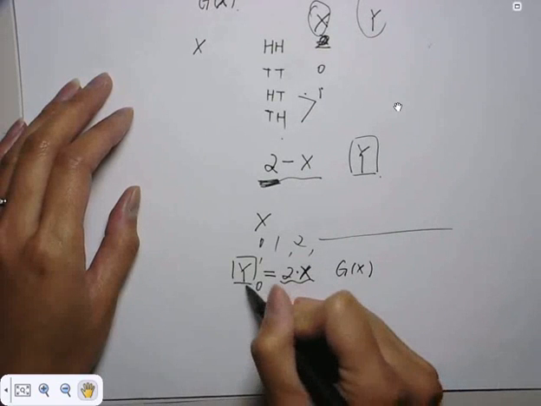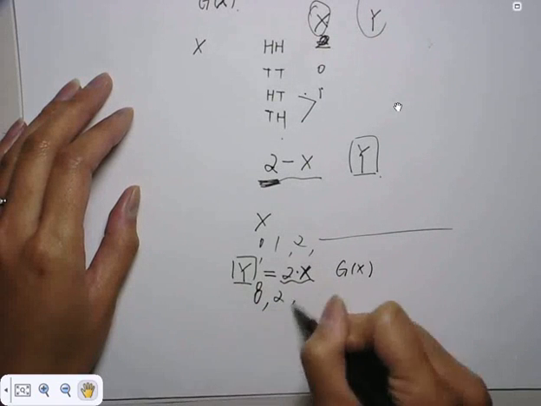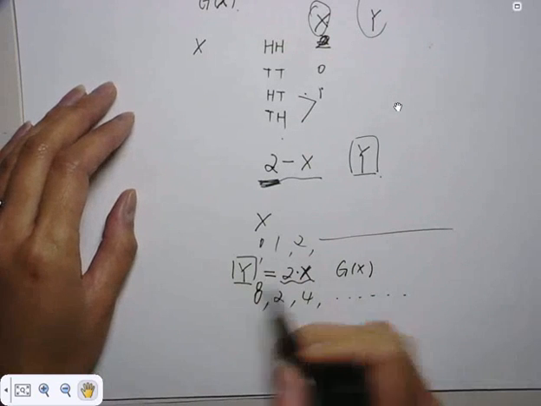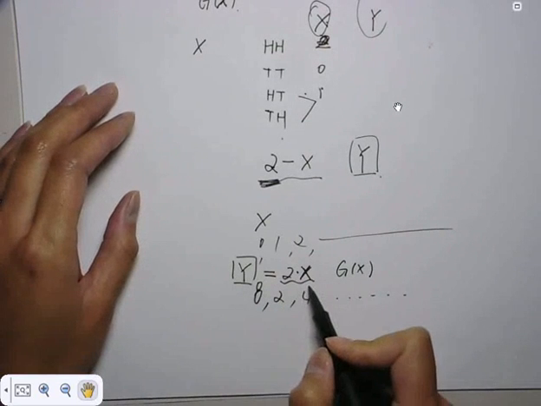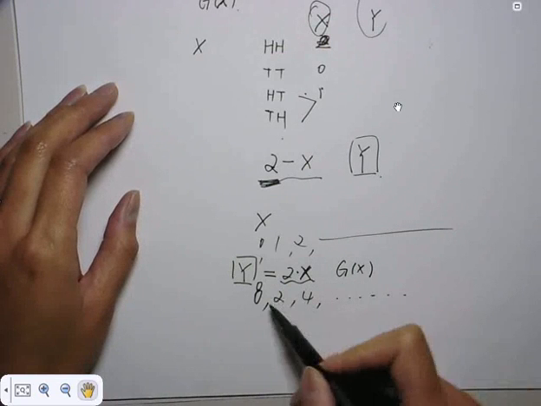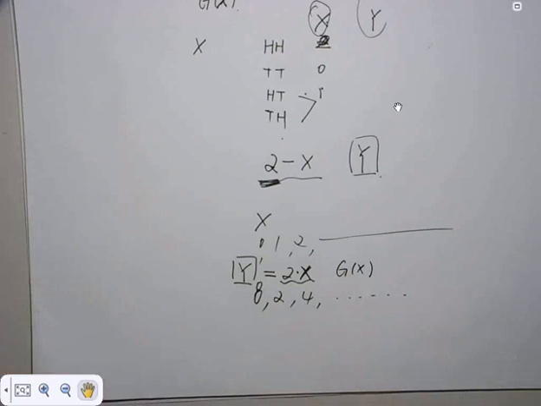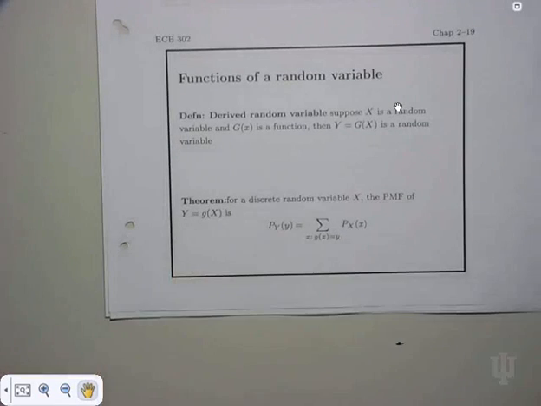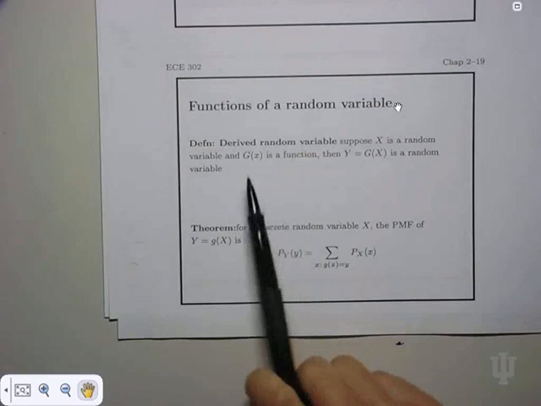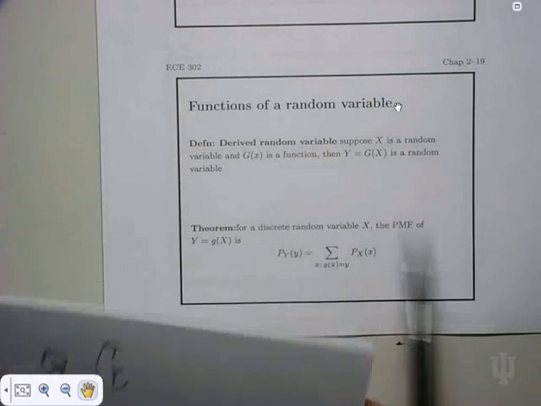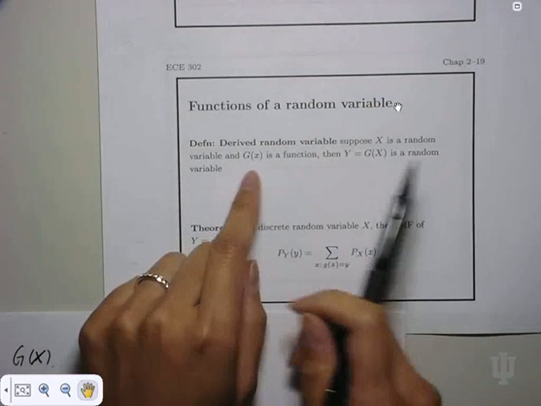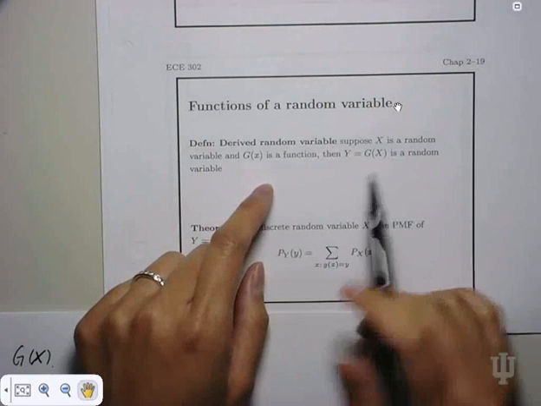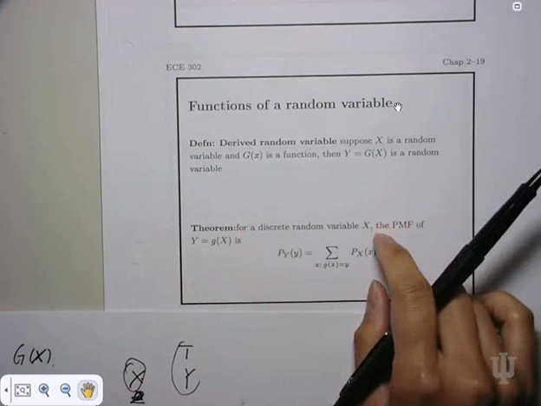Then your value of y can be 0, 2, 4, dot, dot, right? So here y is the derived random variable, and it is derived from random variable x, right? Suppose x is a random variable, then g(x) is a function. So you first have a random variable x, and you know the function or the relationship between these two, then y equals g(x) is a random variable.